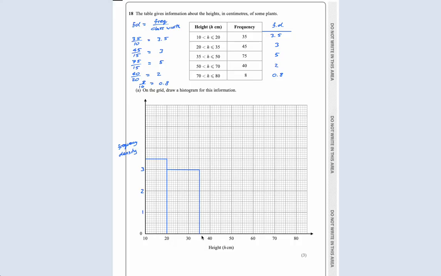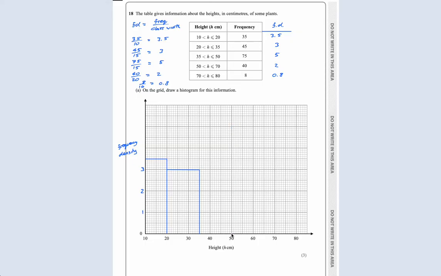Then 35 to 50 is here. 35 to 50, and he's going to go up to 5, so that's 3, 4, 5. Hang on.